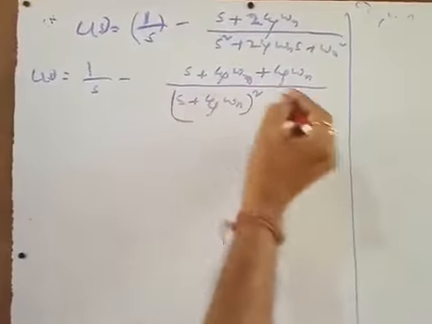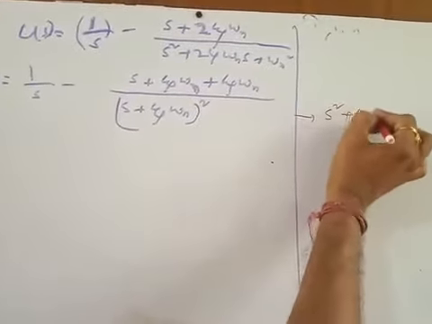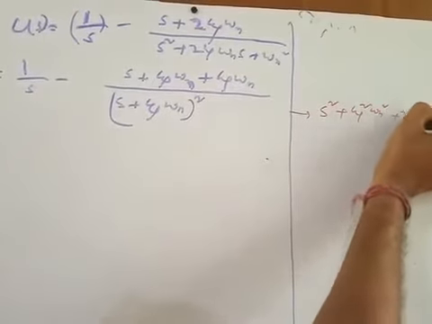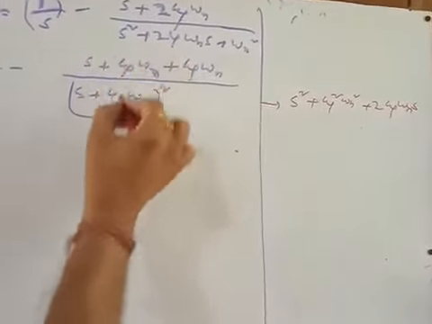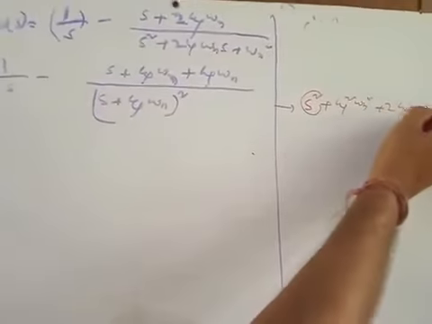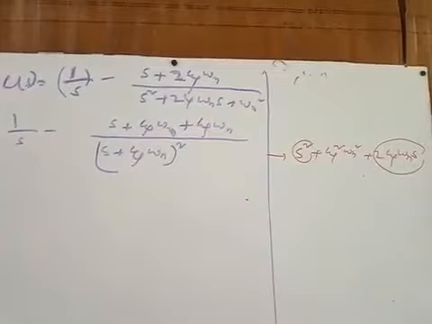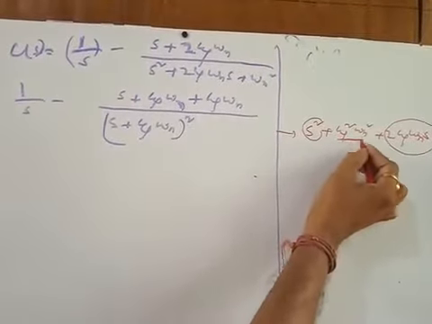If you expand it, you get s square plus xi square omega n square plus 2 xi omega n s. Now what is the common factor in the denominator? s square exists, 2 xi omega n s exists, and this is your omega n square. Now what else do you have to add or subtract, right?